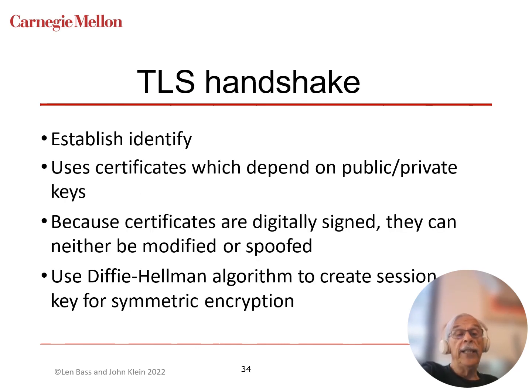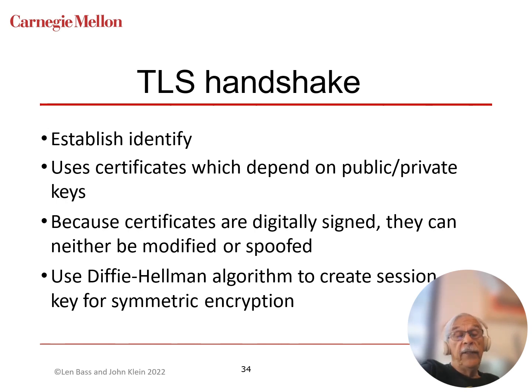And so the handshake establishes identity. It uses certificates. So this is the asymmetric encryption portion, public-private keys. And the certificates are verified by the recipients, and so it can't be modified or spoofed.